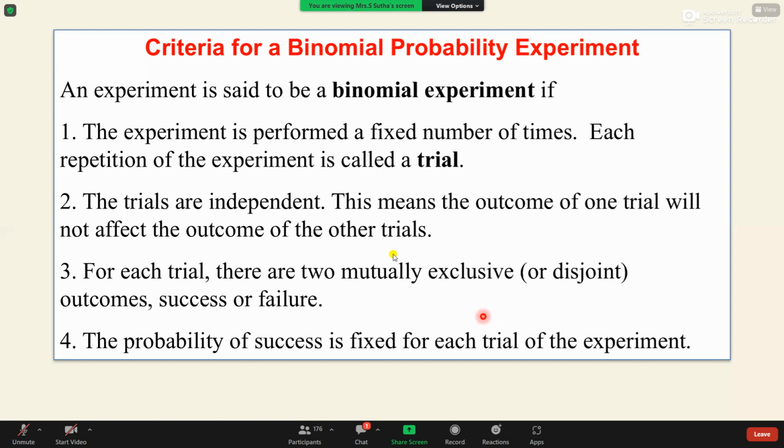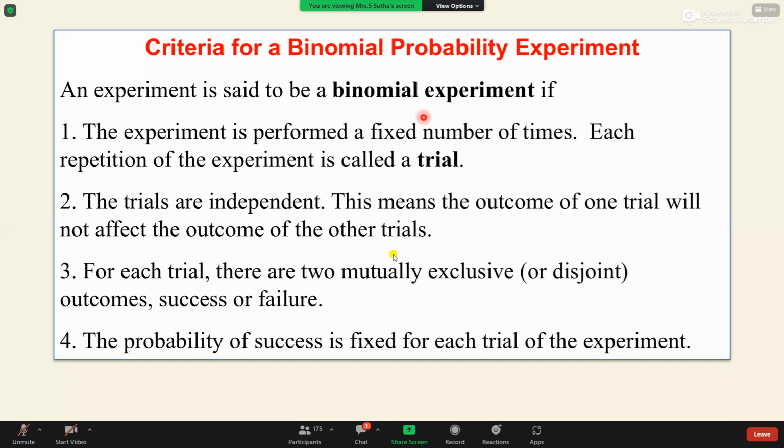So tossing a coin is a binomial experiment. So binomial means there are two outcomes. That's why we put the name as a binomial experiment. Right? For another example, examining an item, whether it's a defective item or non-defective item.